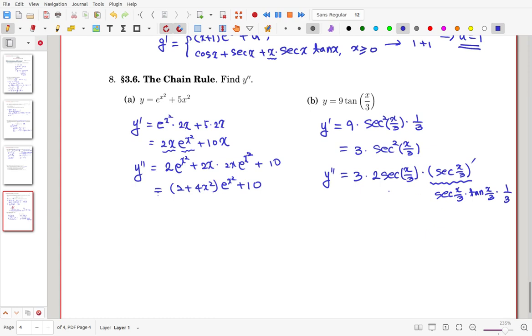So yeah, 1 over 3 and 3 cancel out, and the coefficient is 2, and we have basically one sec x over 3 and another one, so that there's a sec squared x over 3, and we have one more here, tangent x over 3. Okay. We considered everything. So that is the final answer for y double prime.